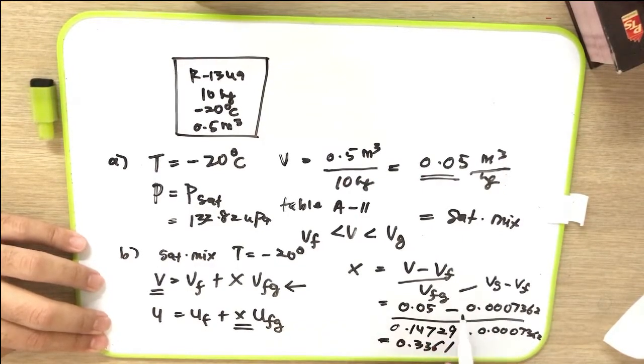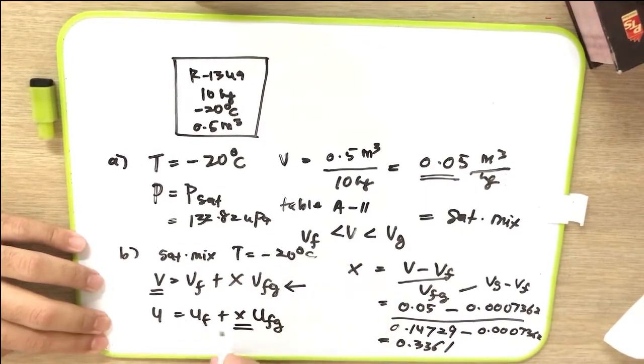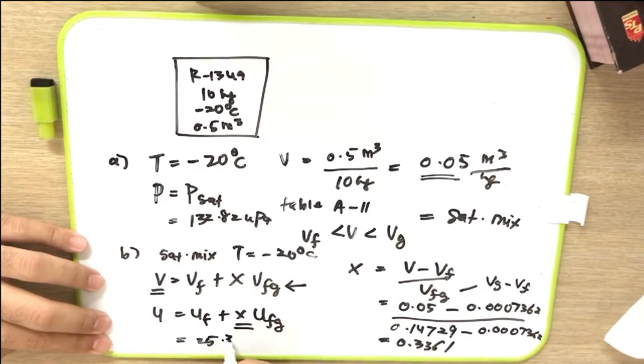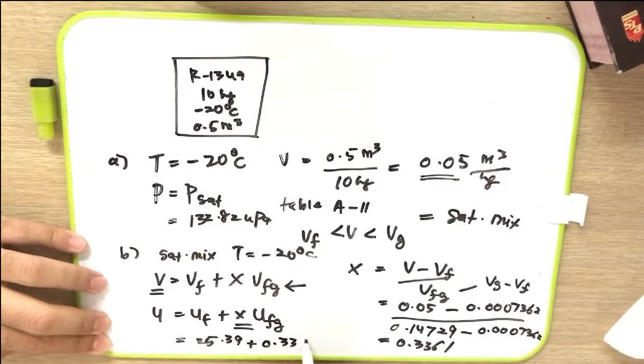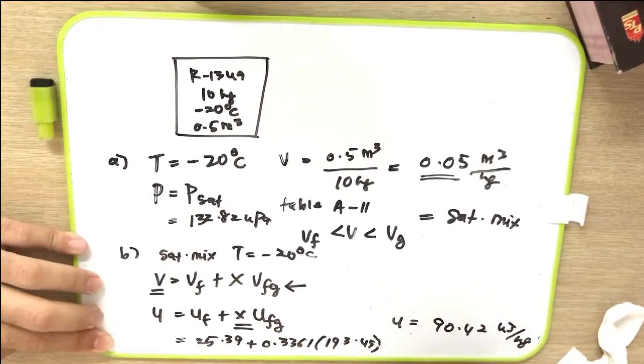Vf, Vfg also we can get from table A11 at T equal to negative 20 degrees C. So from the table, we will get a Uf of 25.39, plus X is 0.3361, and the Ufg is 193.45. So U we will get 90.42 kilojoule per kg.